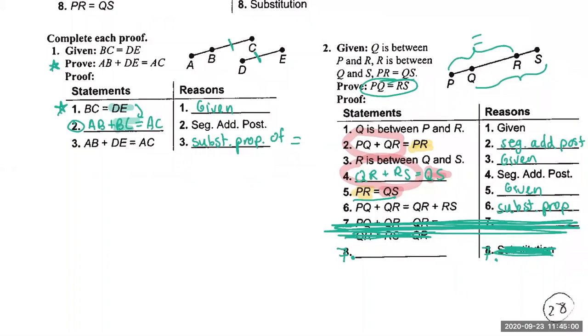Now, when I look at what I'm trying to prove, PQ is equal to RS. I noticed that on both sides of step 6, I have QR in it. In your algebra proofs, how did you get rid of a number that was on both sides like that? What property?